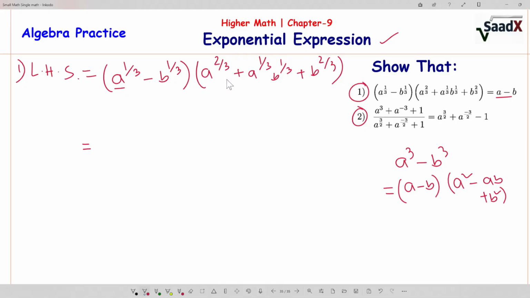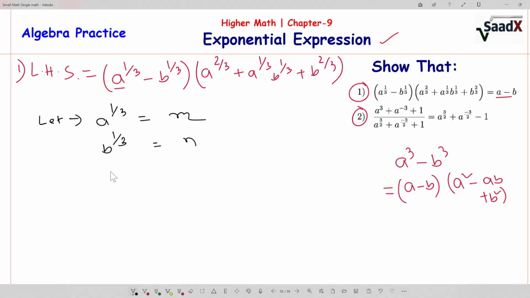So let's think, let a to the power 1 by 3 equal m and b to the power 1 by 3 equal n.